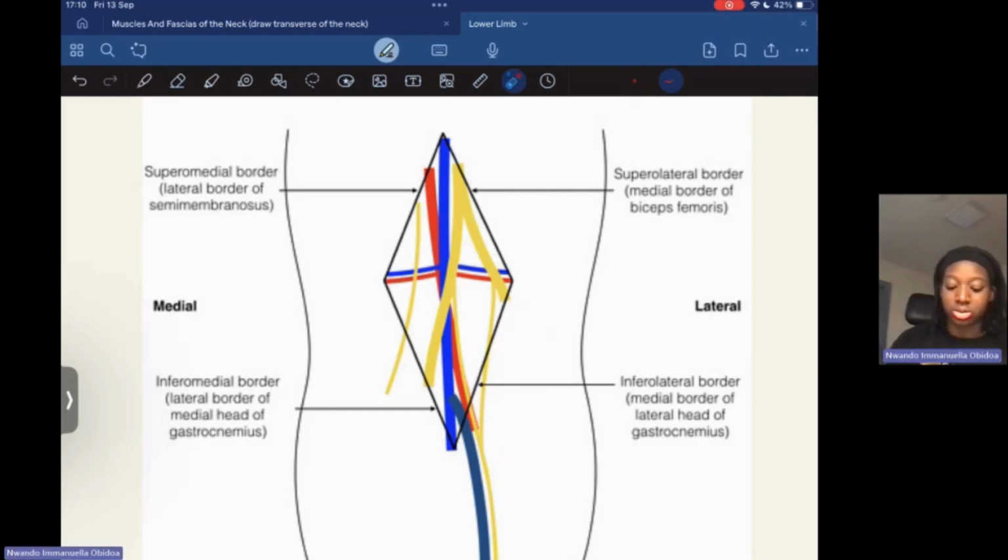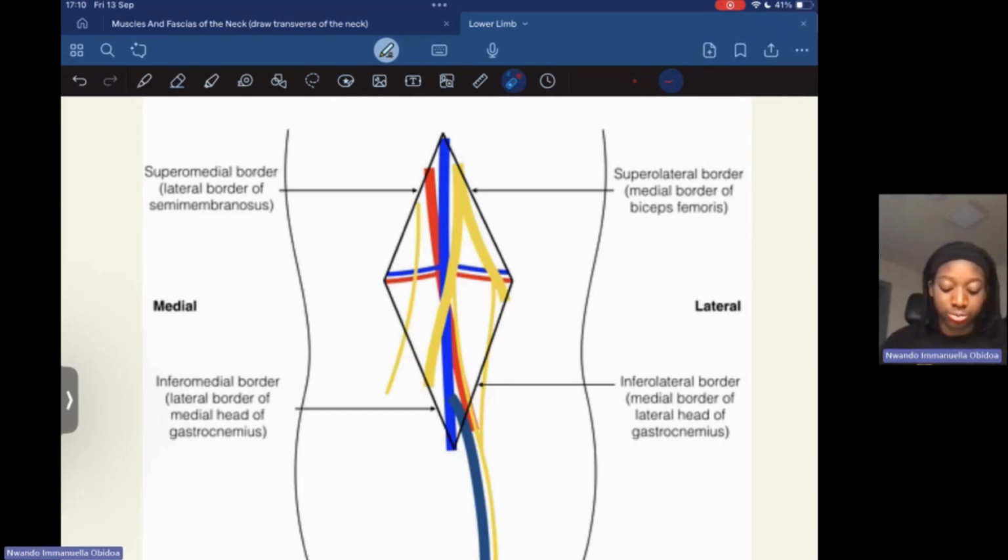And then the contents of the popliteal fossa are also vein, artery, and nerve. But the best way to remember this is: first it hurts, it bleeds, and then it squirts, which implies nerve, vein, artery.